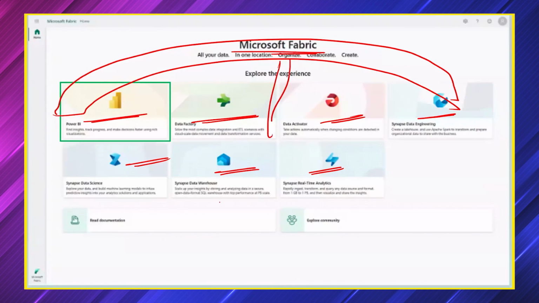So this has been a major update in Microsoft. They worked on it from 2019, and by 2023 they started to introduce it. Now we don't have any dependencies. With the help of Fabric alone, we can completely do one project.